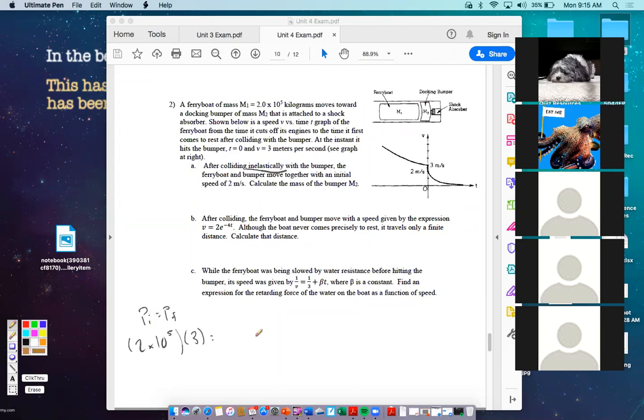They're going to become like one object. So that total mass is going to be 2 times 10 to the 5th plus m2, the mass of the docking bumper, times their common final velocity, which is 2. You should be able to solve using some simple algebra for that mass m2, and you get 1 times 10 to the 5th kilograms, of course. All right, that should make good sense to everybody.